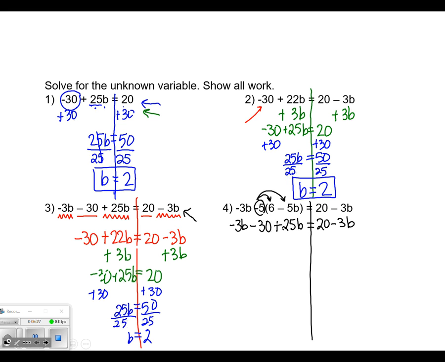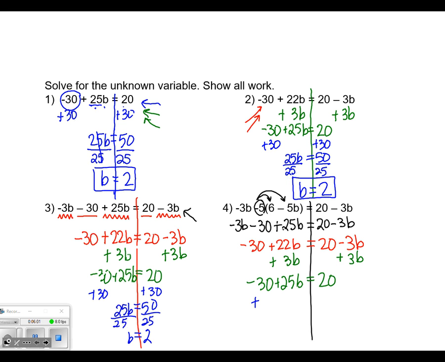So, when I combine like terms, I get negative 30 plus 22b equals 20 minus 3b, which then looks very familiar again. So, when I add 3b to both sides, I get negative 30 plus 25b equals 20, which again looks very familiar.